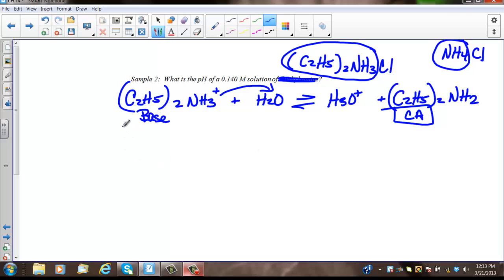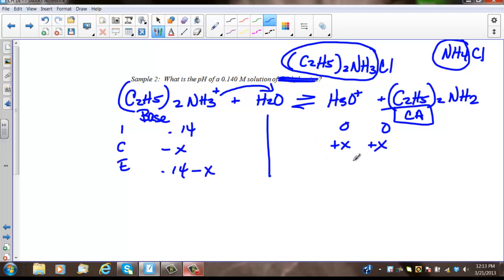So looking at our ICE table, we're starting with 0.14. We're not worried about this. This is 0, this is 0, minus x, plus x, plus x: 0.14 minus x, x, x.